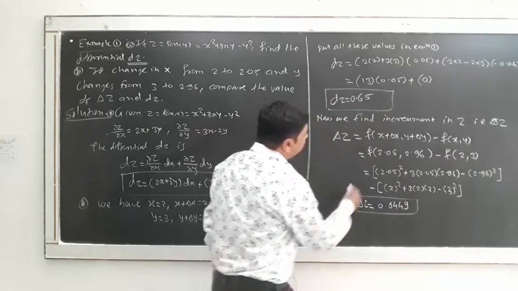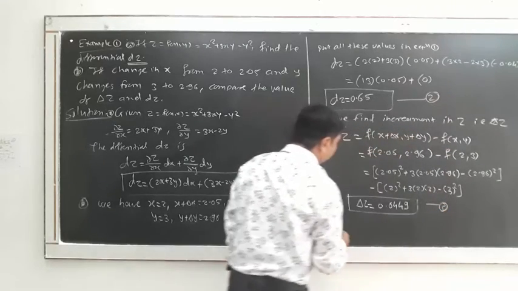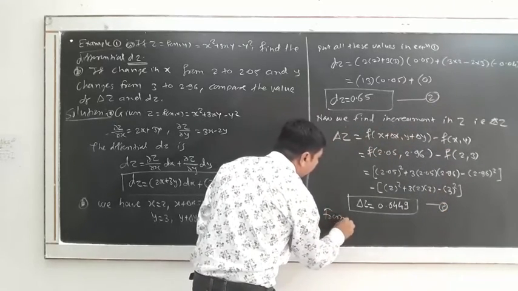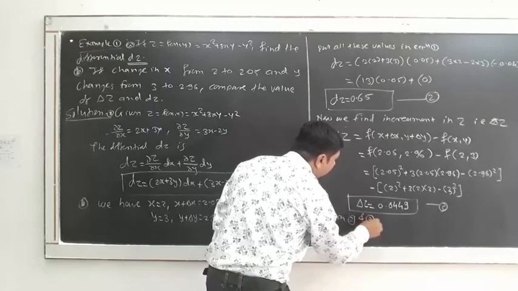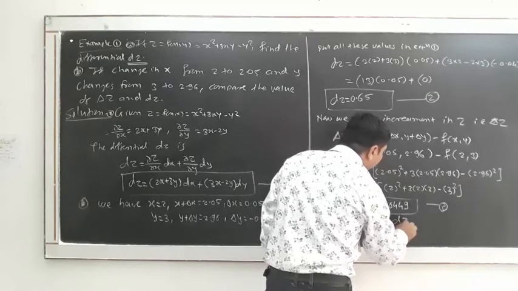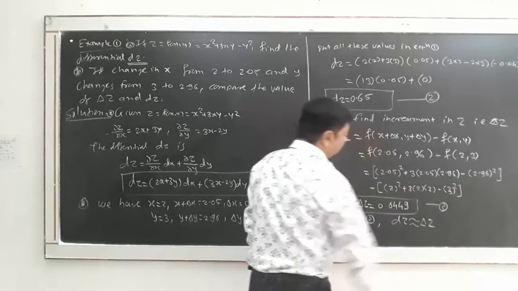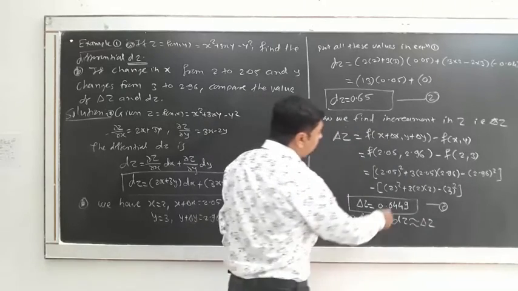If this is equation number 2, say this is equation number 3. What we can observe from 2 and 3 is that dz is approximately equal to delta z.